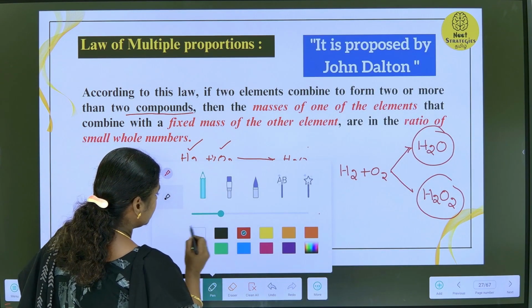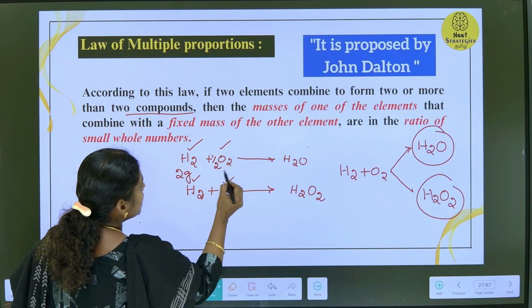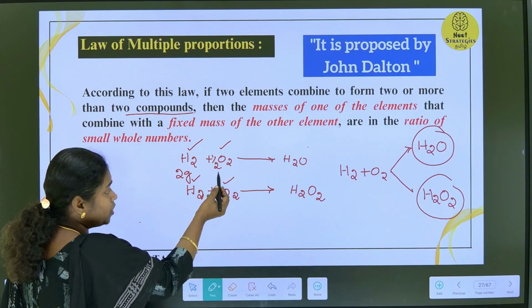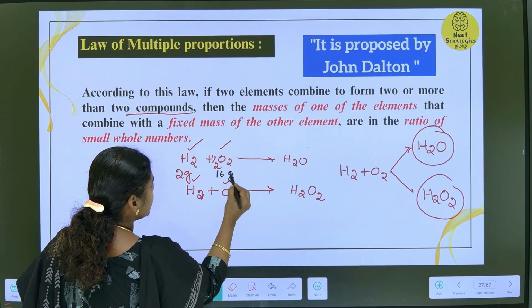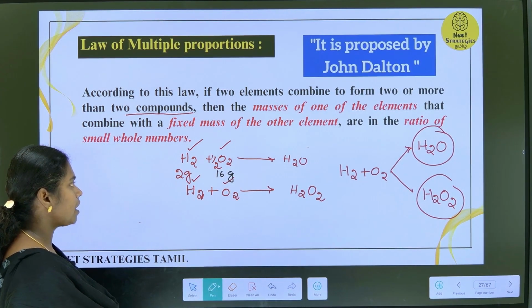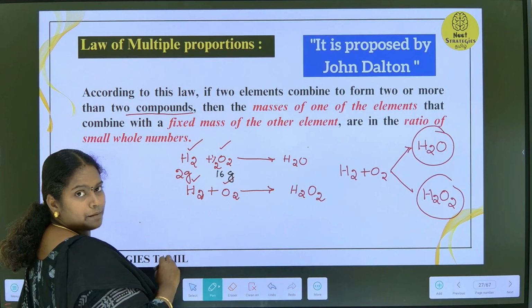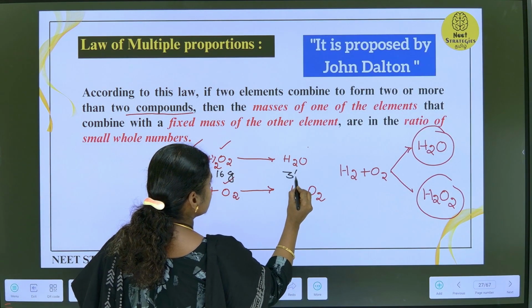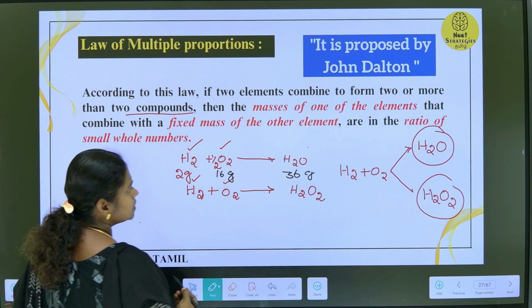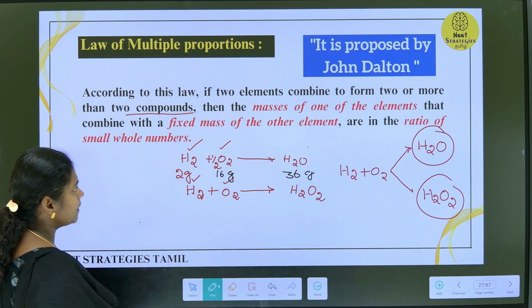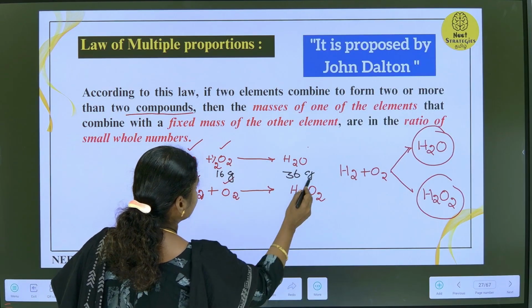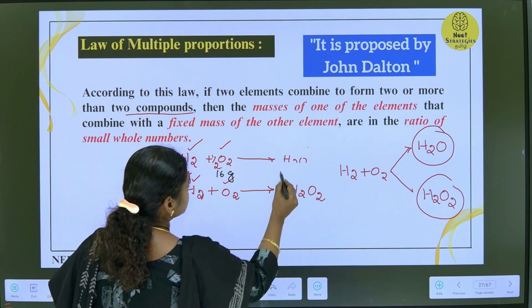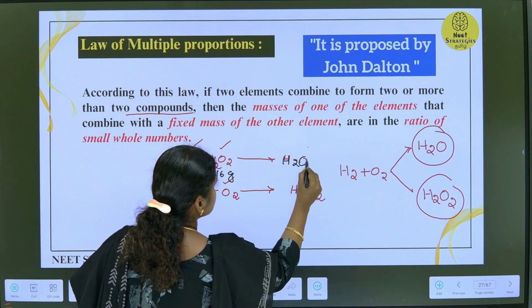Oxygen, half of O2, is 16 gram, to form 18 gram of water.